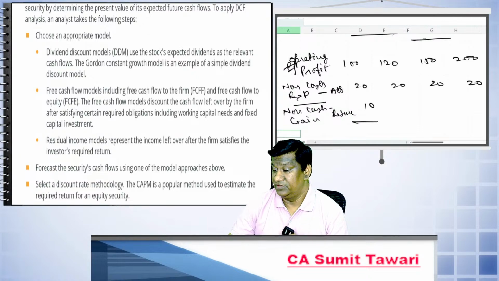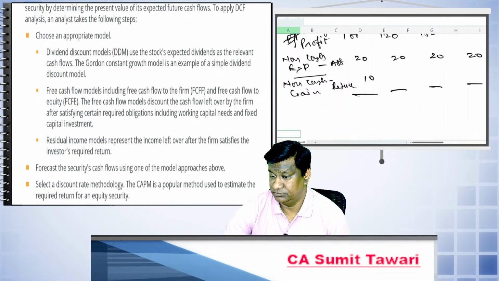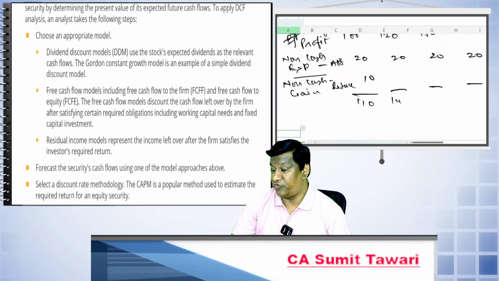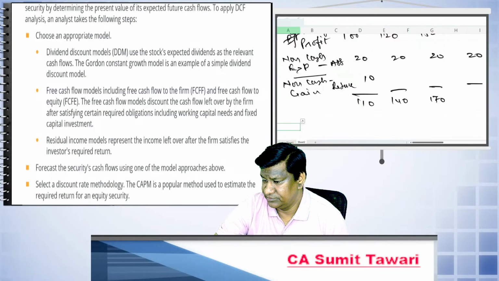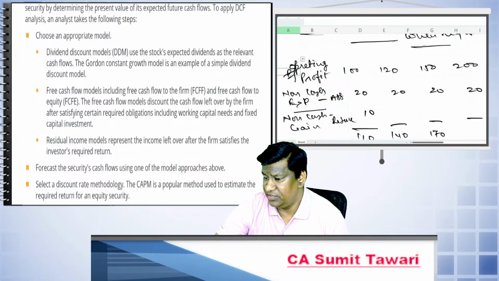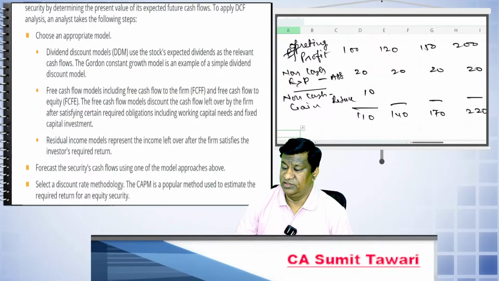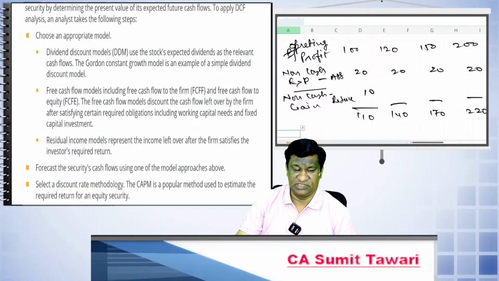So what is my free cash flow here? 100 plus 20 minus 10, it is 110, 140, then 170, and 220. Any doubt here? I hope you are able to understand.